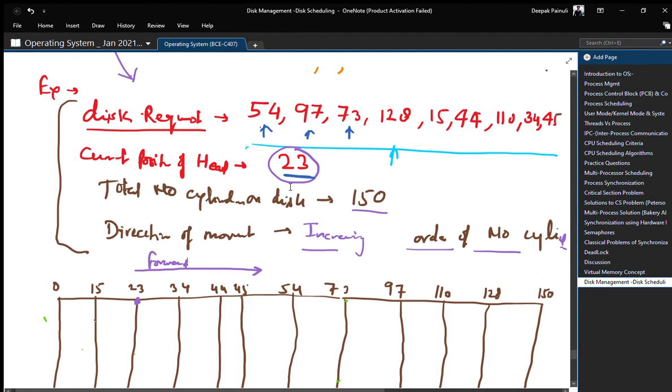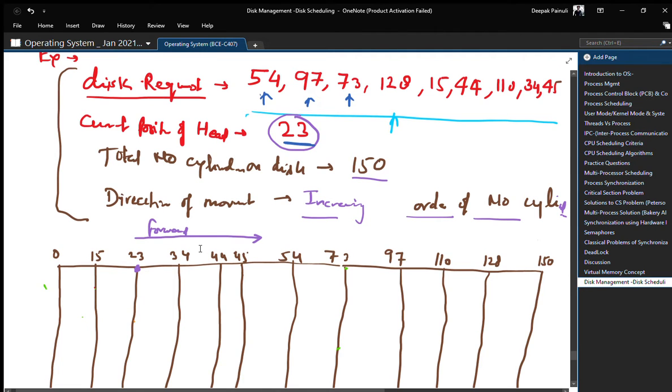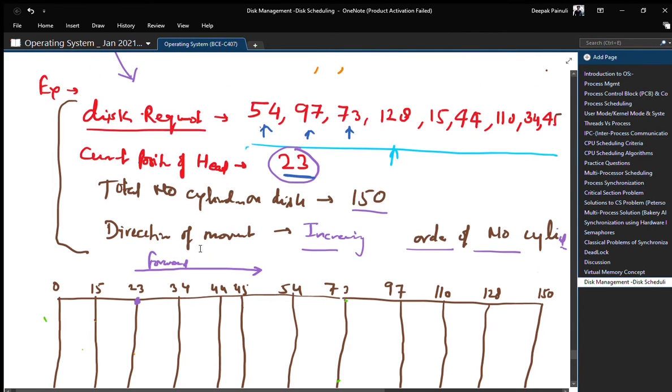Now let us check which request is coming in this pass. In this pass, after 23, the nearest disk request is 34. So our head will move from 23 to 34.